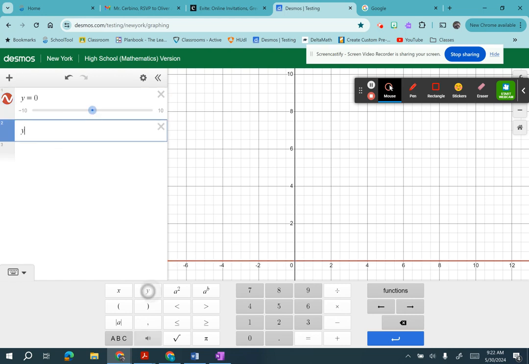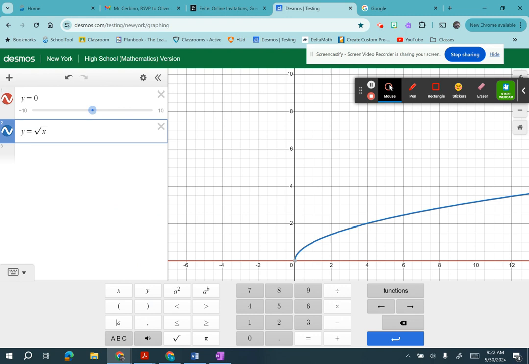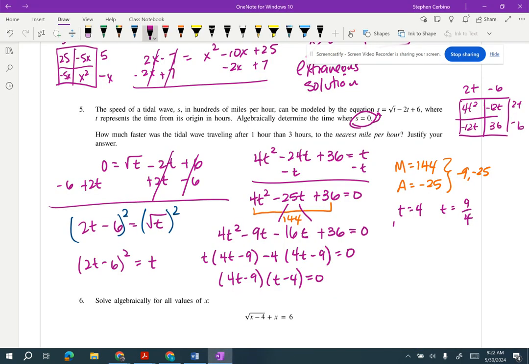And we're going to say y equals the square root of x. I'm just going to use x instead of t. It's easier. And then we'll say minus 2x plus 6. And we see they only intersect at 4. So 4 is the answer. 9/4 gets rejected. It's extraneous.